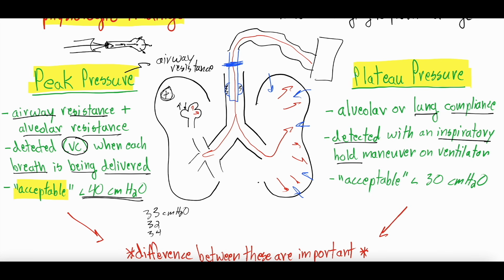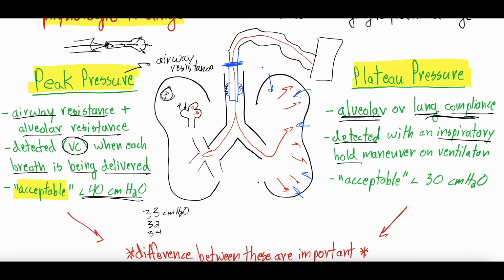The compliance being how easy those airways are to distend out and collapse back in. You can also think of it as an alveolar resistance and lung compliance measurement. So if we think about what this is saying, the plateau pressure is actually a part of the peak pressure, right?